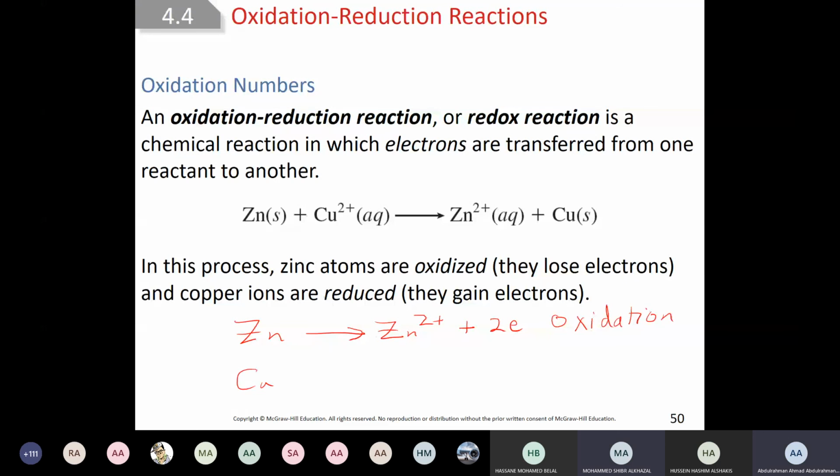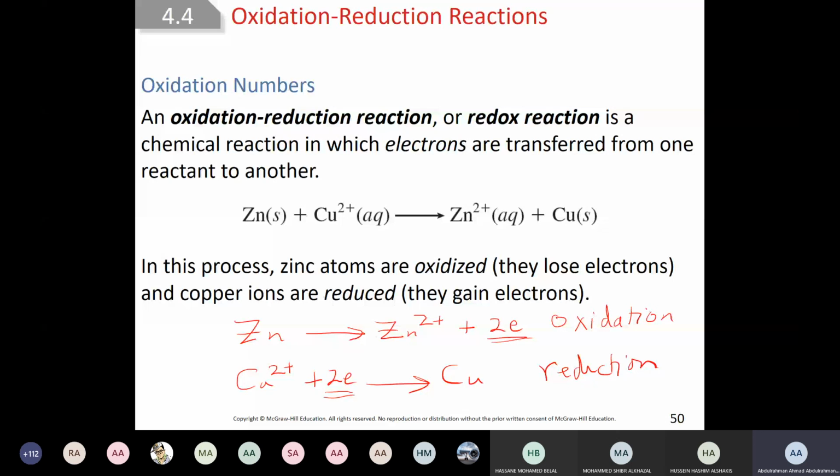While Cu2 plus will take the 2 electrons and it will go to Cu. This is called reduction. So very quickly, what's the definition of oxidation? Losing electrons. Exactly. What's the definition of reduction? Gaining electrons.